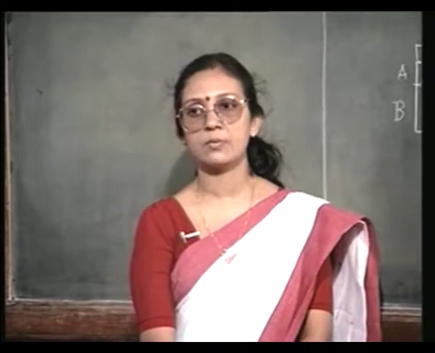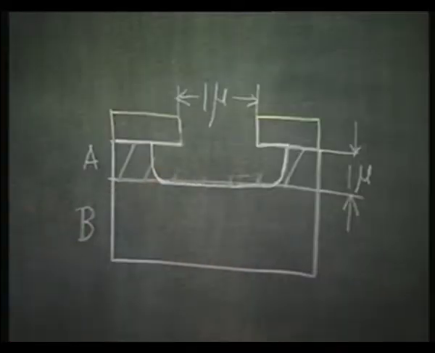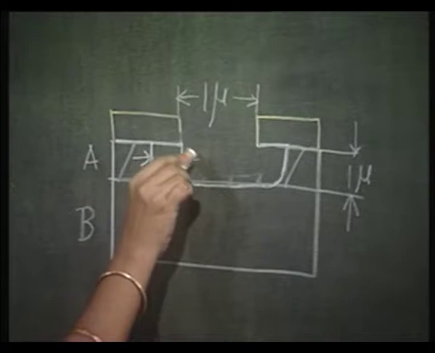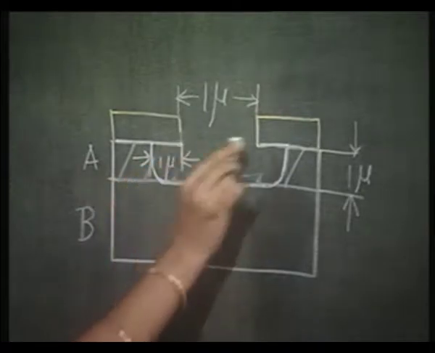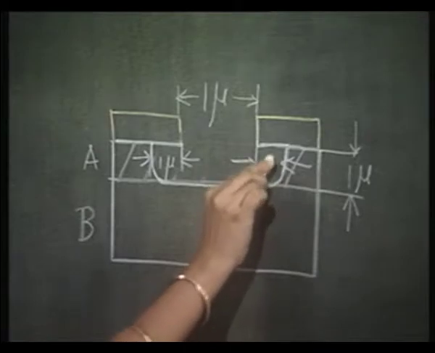In that case, whatever depth it has gone in the vertical direction, it will be the same in the horizontal directions also. So, even this dimension is going to be 1 micron and this is also going to be 1 micron.